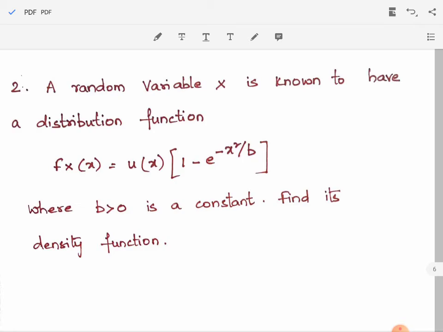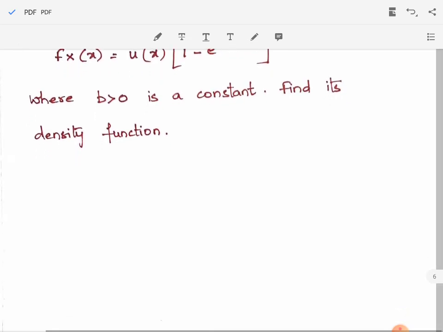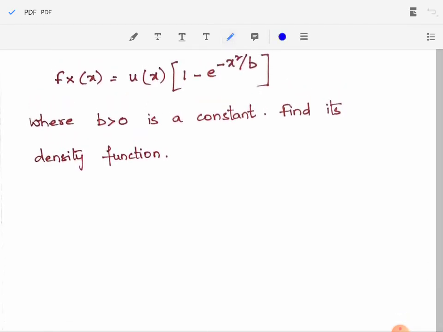So given the CDF, we need to find the PDF.